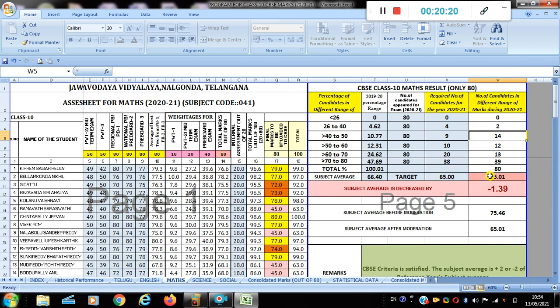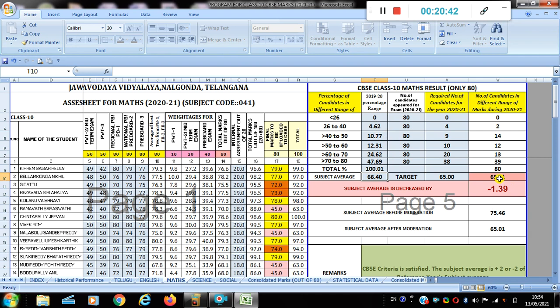Okay, target I reached 65.01. If the average is more than the target, you just decrease some marks accordingly by looking into the ranges. Now see this cell, what it is saying: subject average is decreased by -1.39 when compared to the reference year's range.